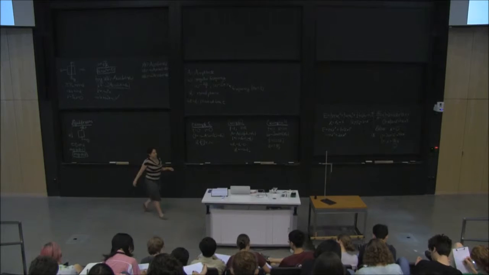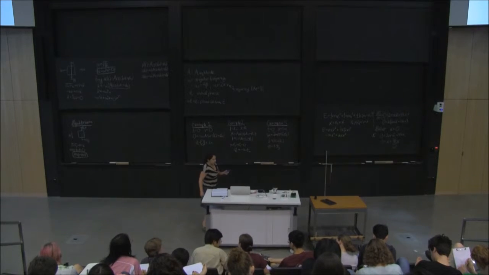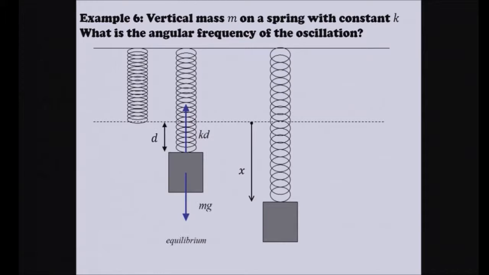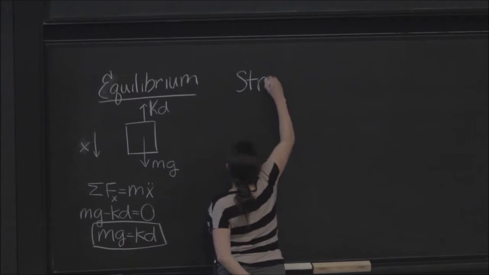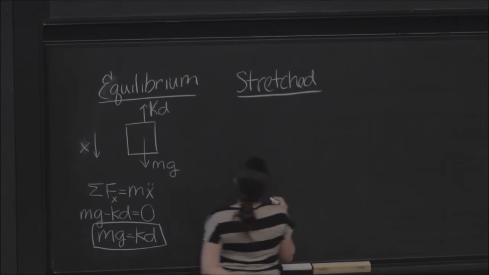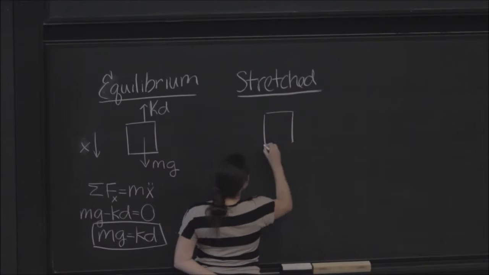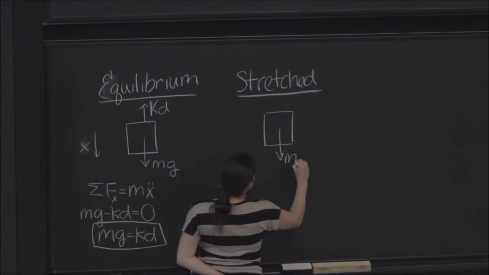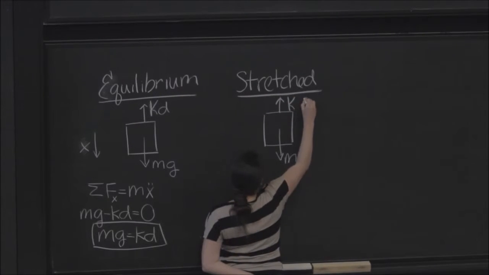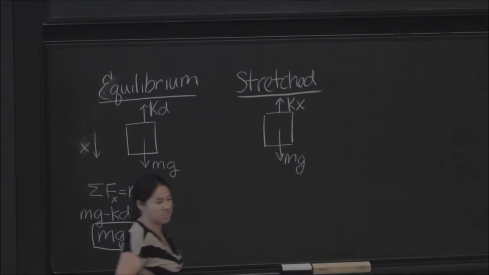Okay. So now I'm going to pull this guy at distance x, and I want to also draw some of the forces on this guy. So I'm going to call this stretched. Okay, so now, very similar free body diagram. I have mg, and now pulling up on it, the spring is stretched a total distance x, right?